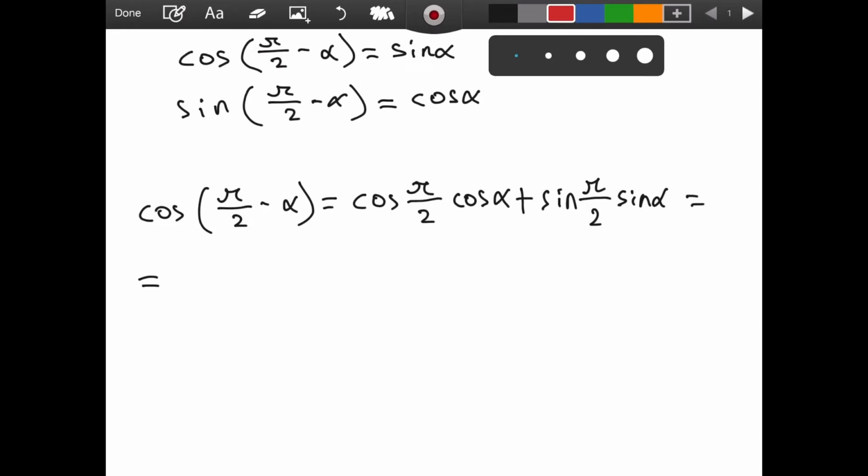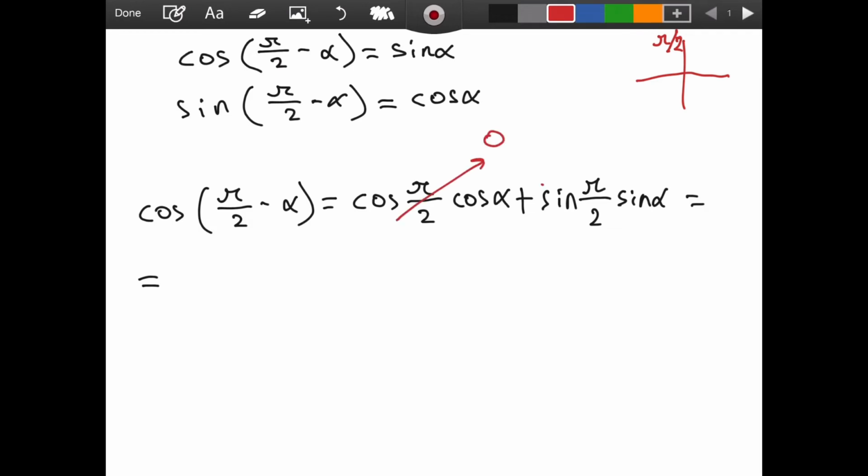So what is cosine of pi over 2? If you think of a unit circle, pi over 2 will be here. It is the angle that corresponds to a 90 degrees angle, and the x value here is, as you can see, 0, and cosine gives you x on the unit circle, so cosine of pi over 2 is going to be 0.